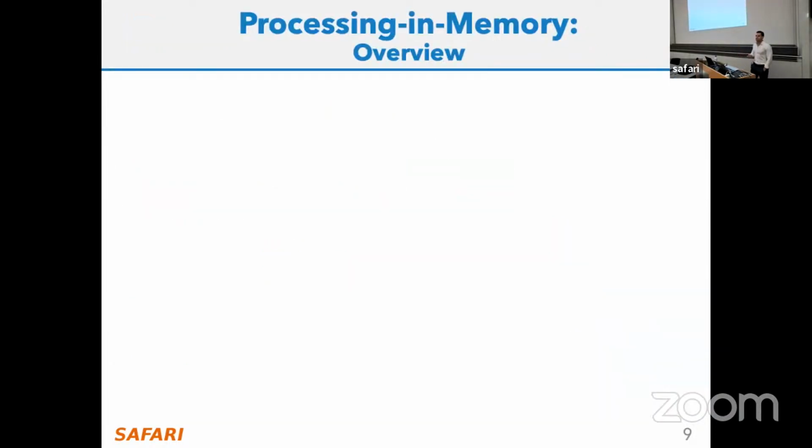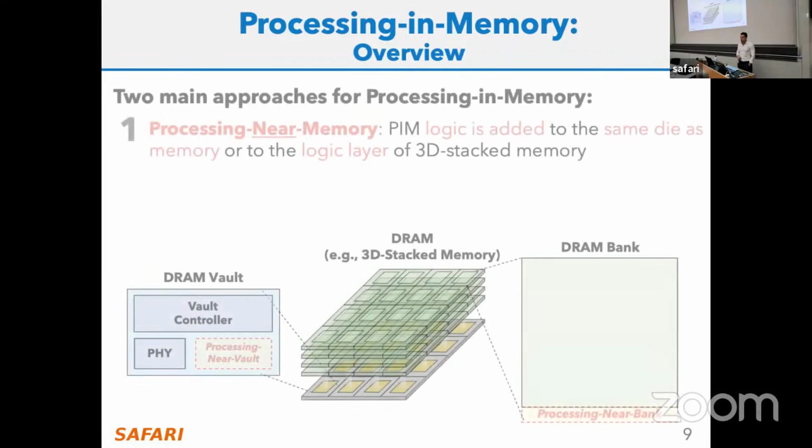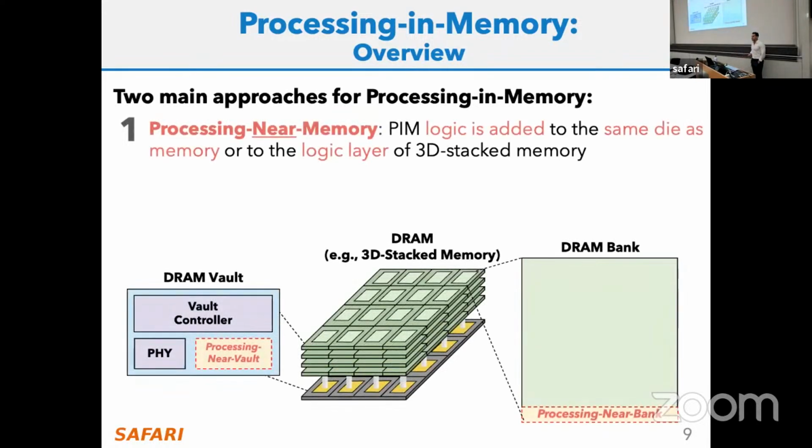We also talked about the taxonomy of processing memory architectures, and we broke them down into two different subgroups. The first one was processing near memory architectures, and here we think about them as similar to a regular von Neumann architecture, where we have a distinction between logic and memory.